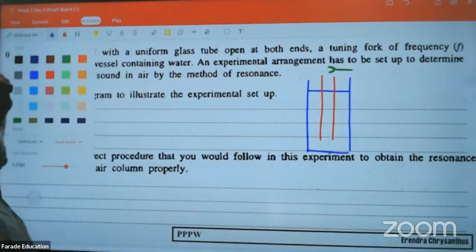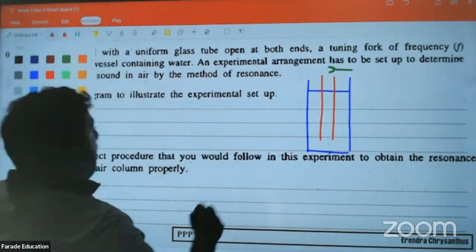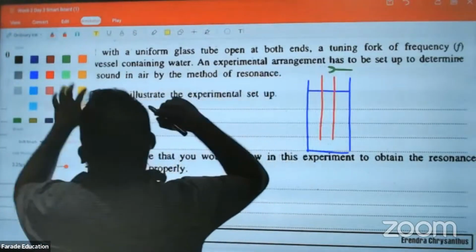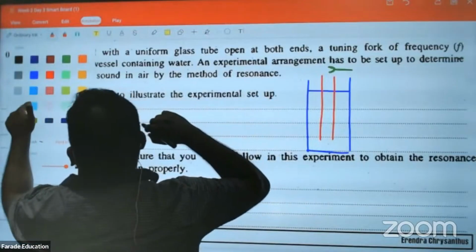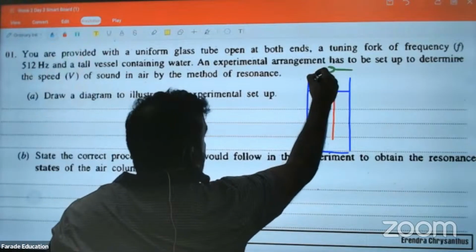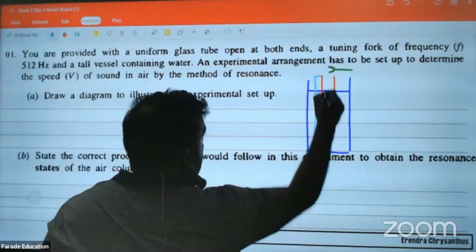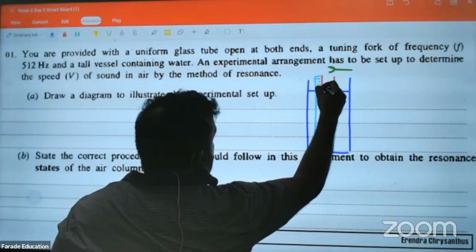Also, to measure the length, you will have a scale here. The scale is connected.